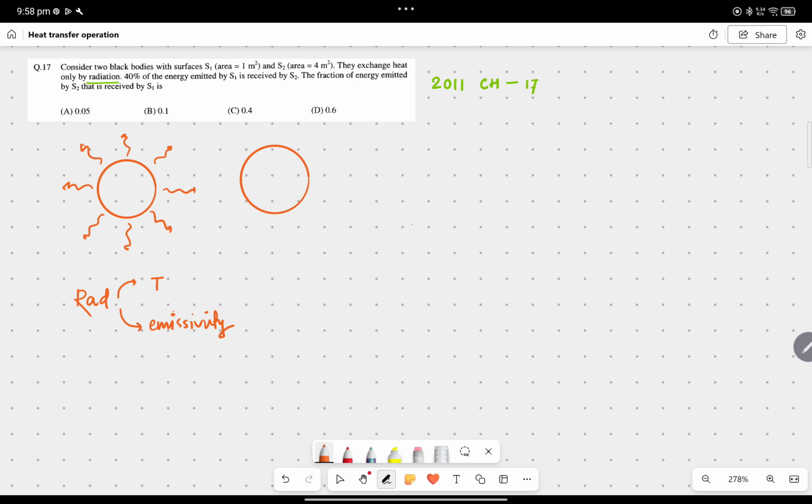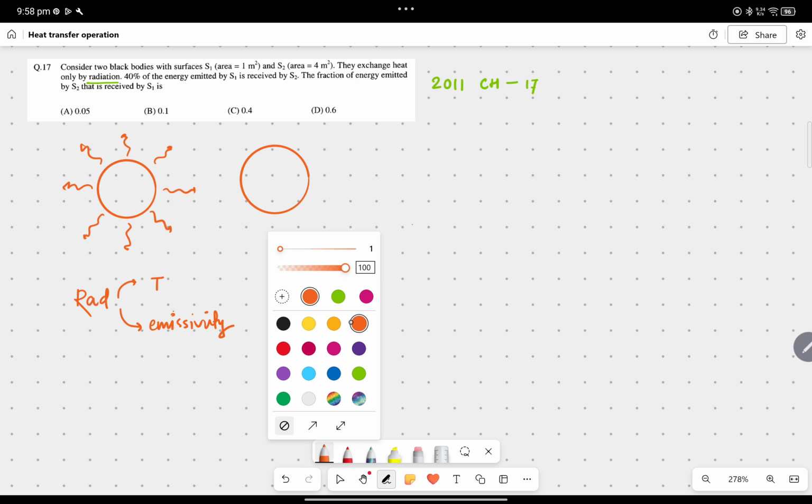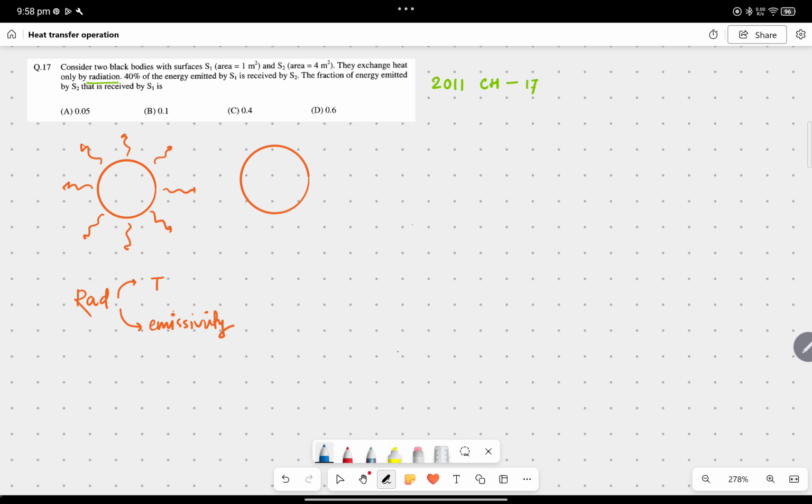But there is one more point you have to consider. Not only these two, but when one body is radiating heat to another, there is also one more factor that we have to apply, which is the view factor. View factor means how much portion of the other body is exposed or visible with respect to the first body.